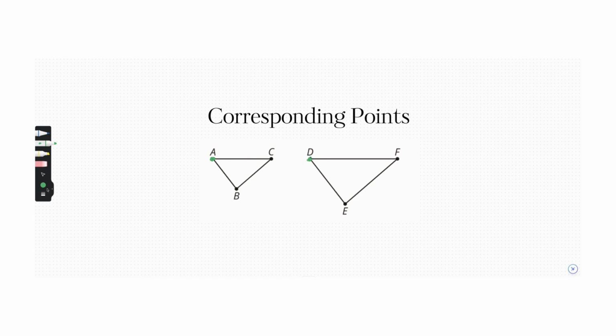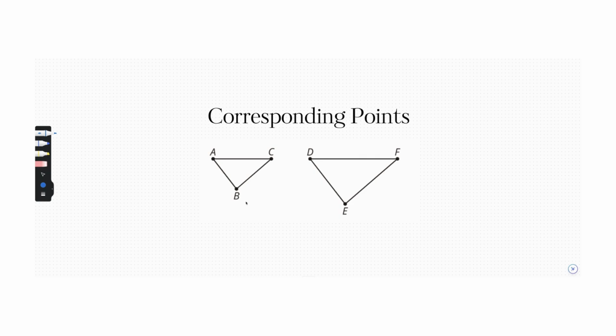Another example would be, let me use red, point B would correspond with point E. So E matches up with point B. And then there's one more. You probably see this already. Point C corresponds with point F. So point A corresponds with D, point B corresponds with E, and point C corresponds with F.